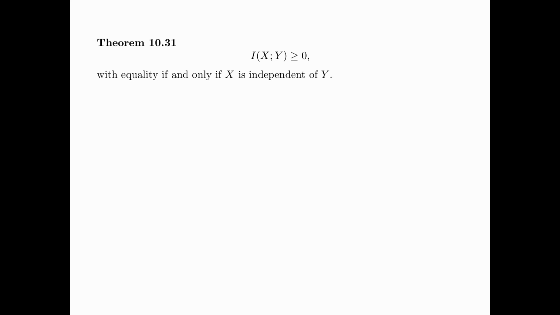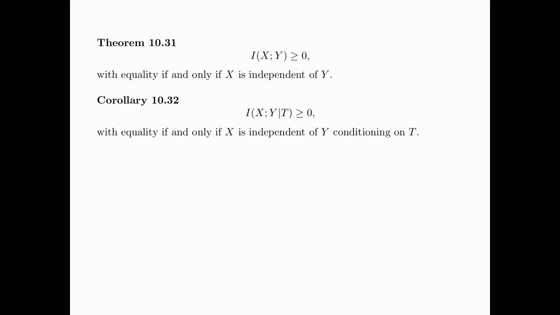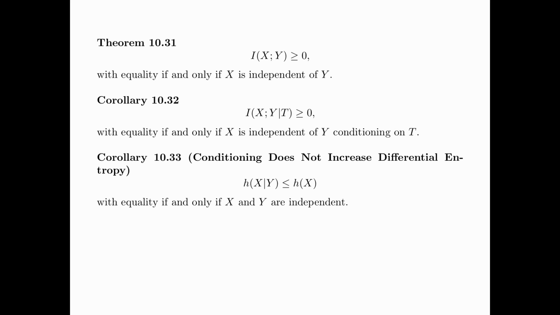Theorem 10.31 says that the mutual information between X and Y is always non-negative and is equal to 0 if and only if X is independent of Y. As a corollary, the mutual information between X and Y conditioning on T is greater than or equal to 0 with equality if and only if X is independent of Y conditioning on T. Another corollary says that conditioning does not increase differential entropy.